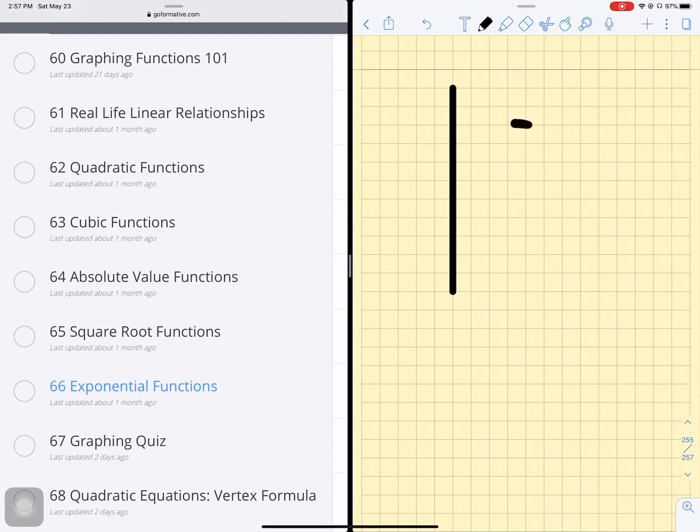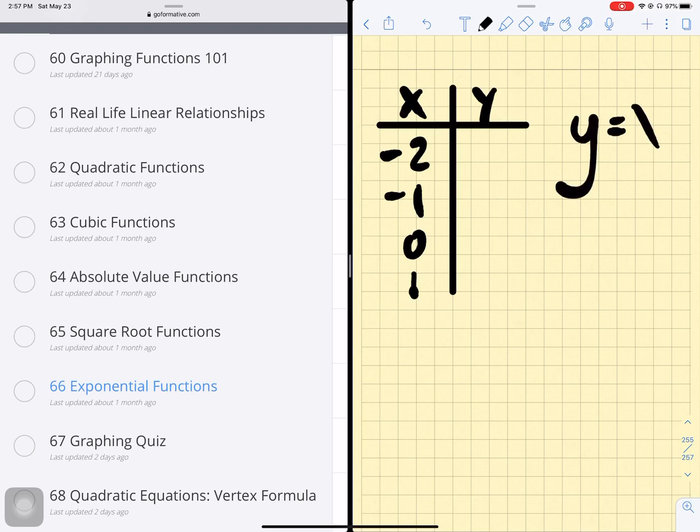You'll most likely see tables, okay, X, Y, and tables will usually have numbers that you need to solve for something, and then they'll give you a function like Y equals X, right? If it's linear, just like this would be, then Y equals X means that for every X value, that's what the Y value is.